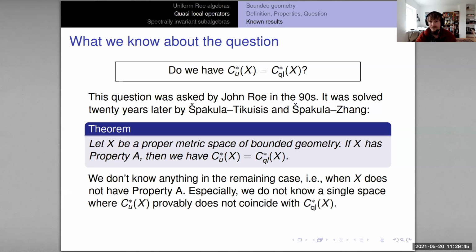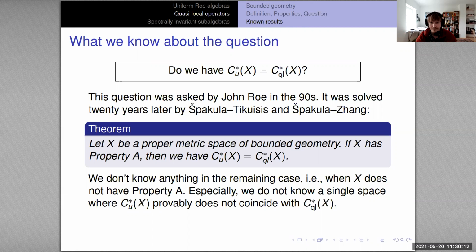I don't have this at all on my slides, but these things are, to a certain extent, even quasi-isometry invariants of the space, or more generally coarse invariants. So in the sense that if you have two metric spaces which are quasi-isometric to each other, then the resulting row algebras will be isomorphic, or the resulting uniform row algebras will be Morita equivalent.